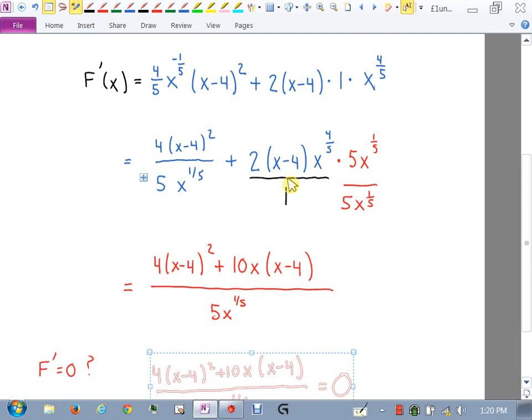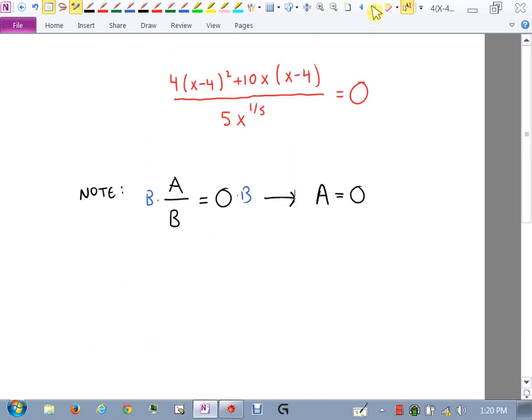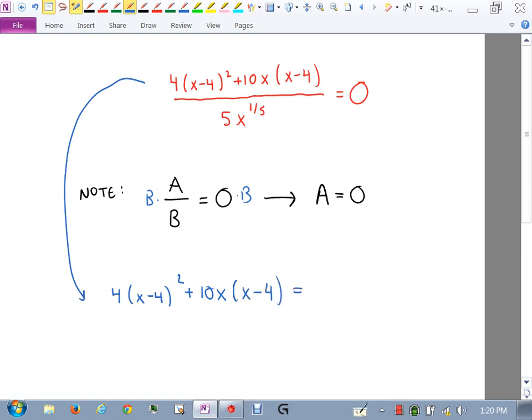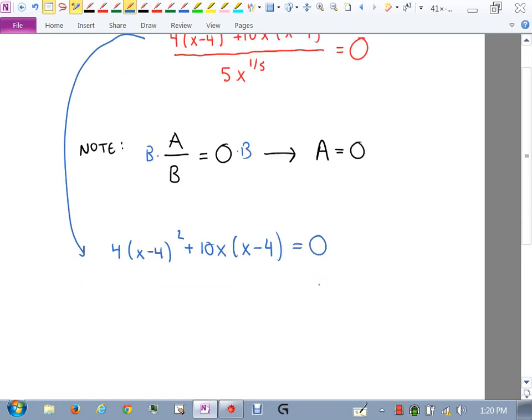It was two separate fractions, so you could not have used that rule. So that's why I always like to try and put the fractions together so I can use this rule. So this turns into 4 times x minus 4 squared plus 10x times x minus 4. That must be 0. And I have intentionally not multiplied this stuff out. Do you see why I have not multiplied it out?